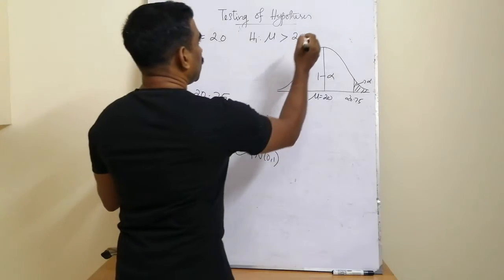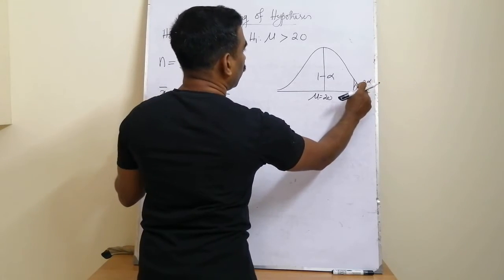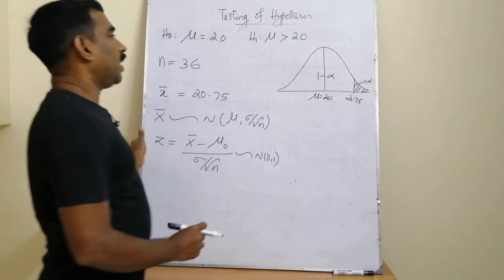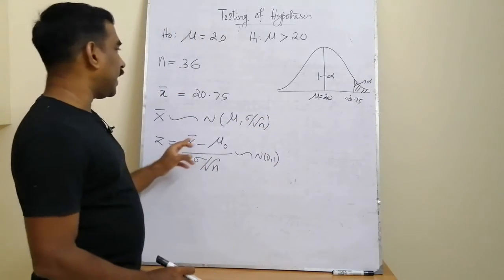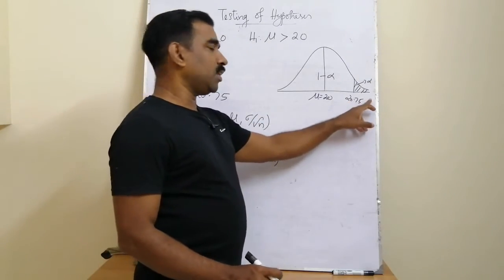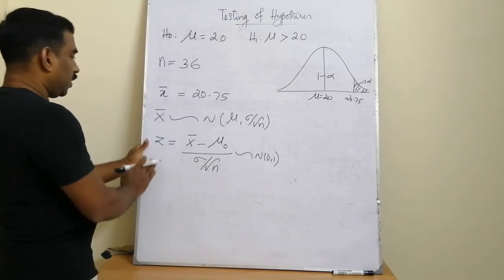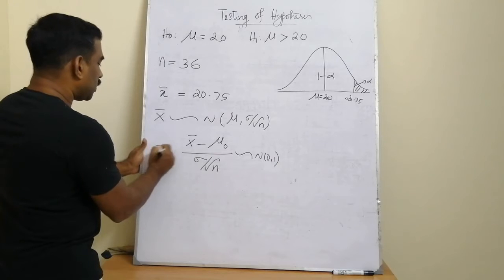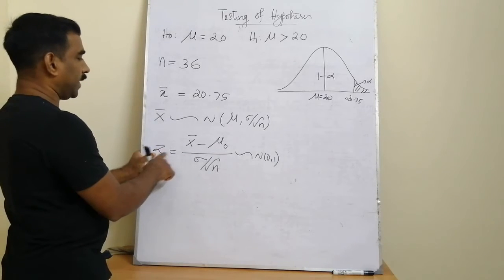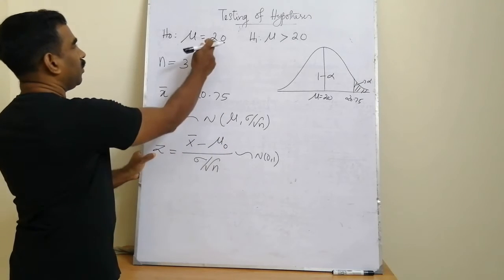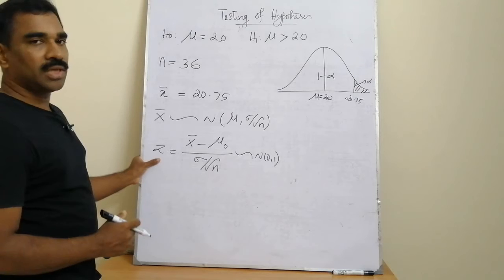And this alternative hypothesis is called one-tailed because we are computing the probability of rejection of the null hypothesis if the sample mean value is greater than 20.75. We are using the sampling distribution of the sample mean, and this value z is equal to x bar minus mu naught. Here we can replace mu naught by 20, and this is called the test statistic value.